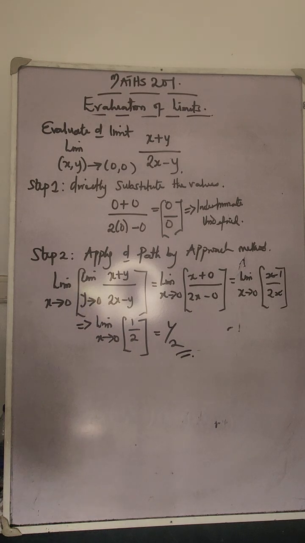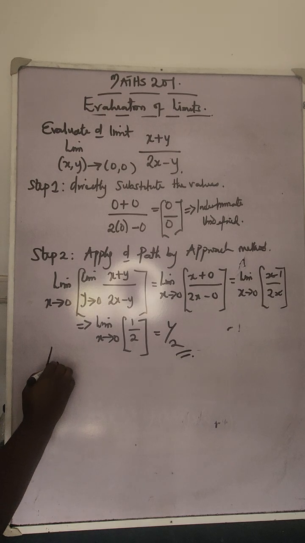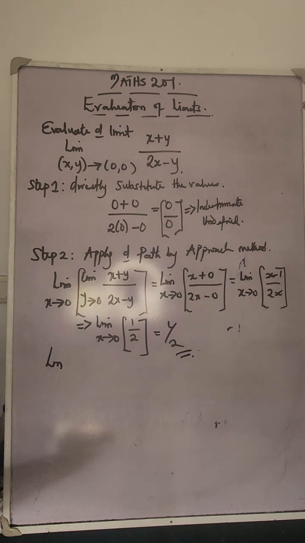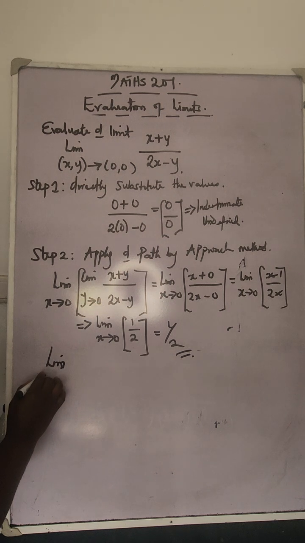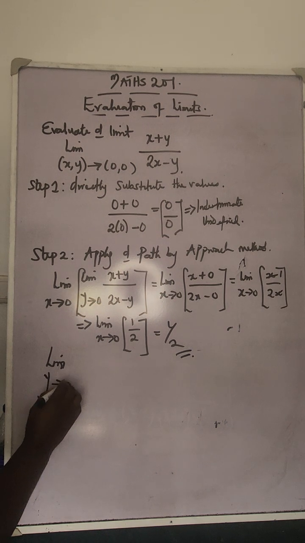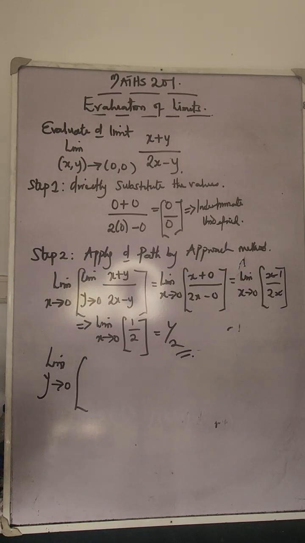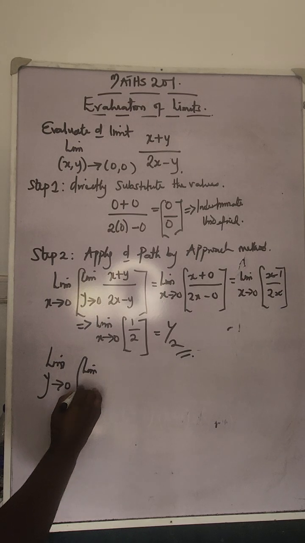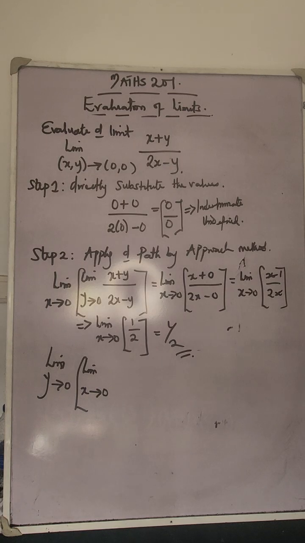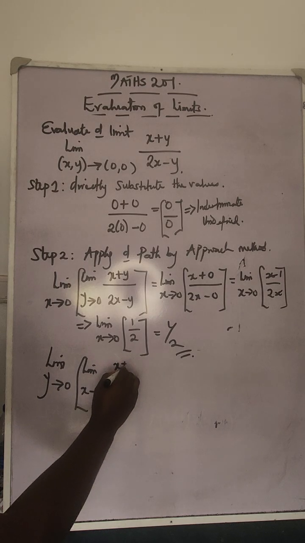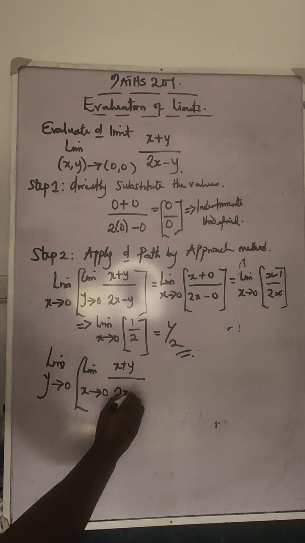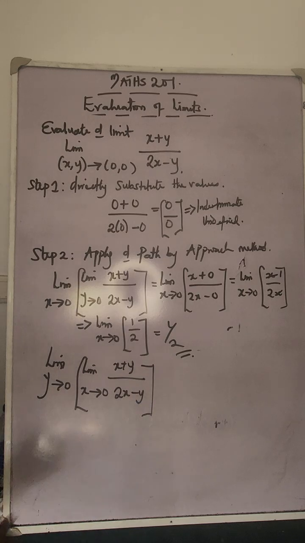Now that we have 1 over 2, let us test for x. The limit as y approaches 0 of the function, what will be inside the bracket? If at this junction you had limit as y approaches 0, here will be the limit as x approaches 0 of the same function, (x + y) over (2x - y).